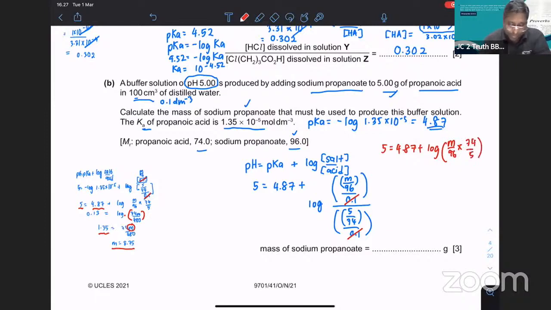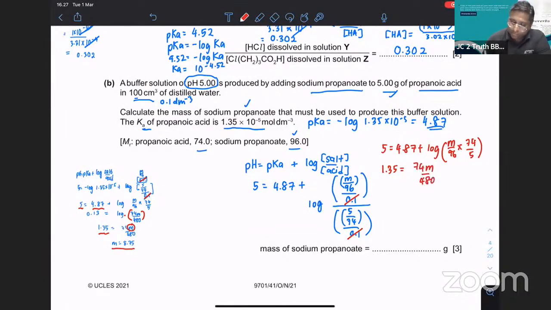You simplify all this and try to find out what the m value is. You will get 1.35 equals 74 m over 480.